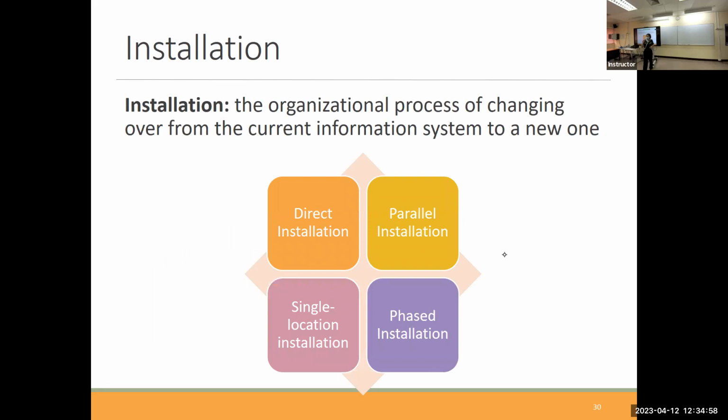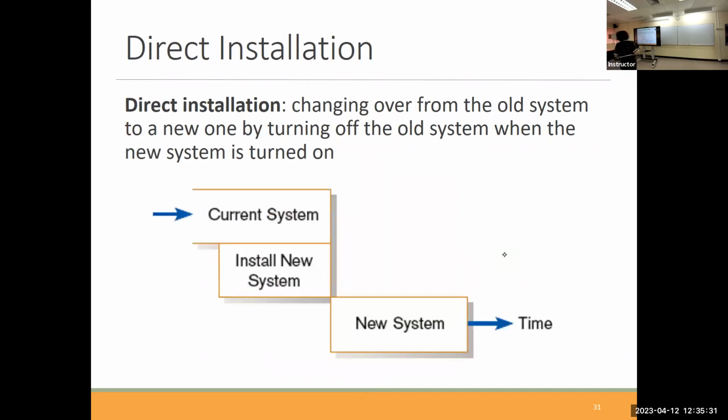Now we need to think that it could be the case that you have an existing system and the team develops a new system to replace the existing one. Either the existing one is a manual process, or the existing one is a legacy computerized system, but this is the existing system, how users in the organization perform the work at the moment, right? That is the existing system. So direct installation means the current system, the existing system, okay?